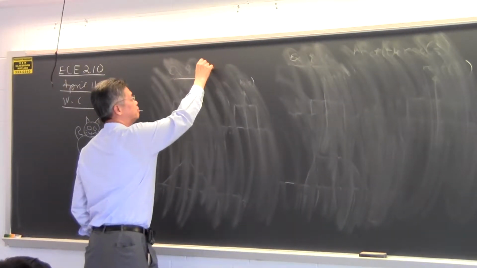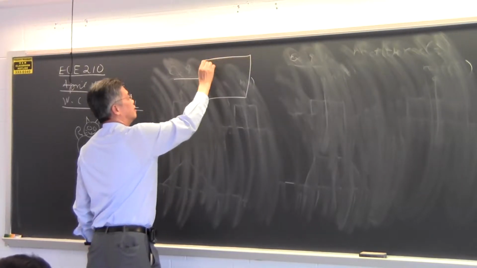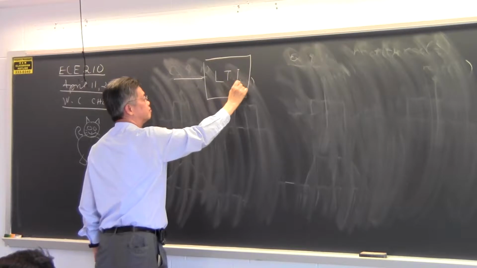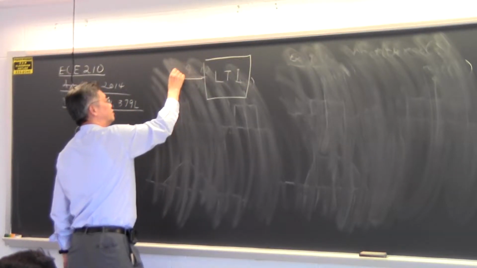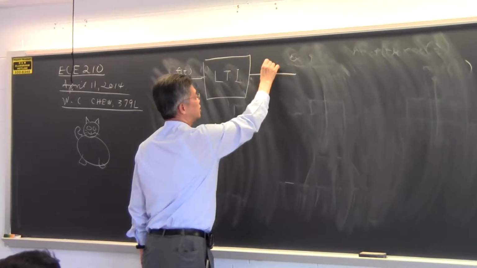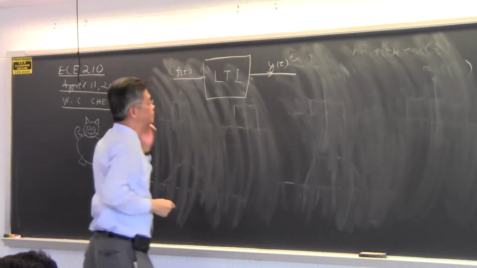Okay, let's look at what this means. We learned this before, that if you have a linear time invariant system, then if you have f of t as the input, the output is usually called y of t.